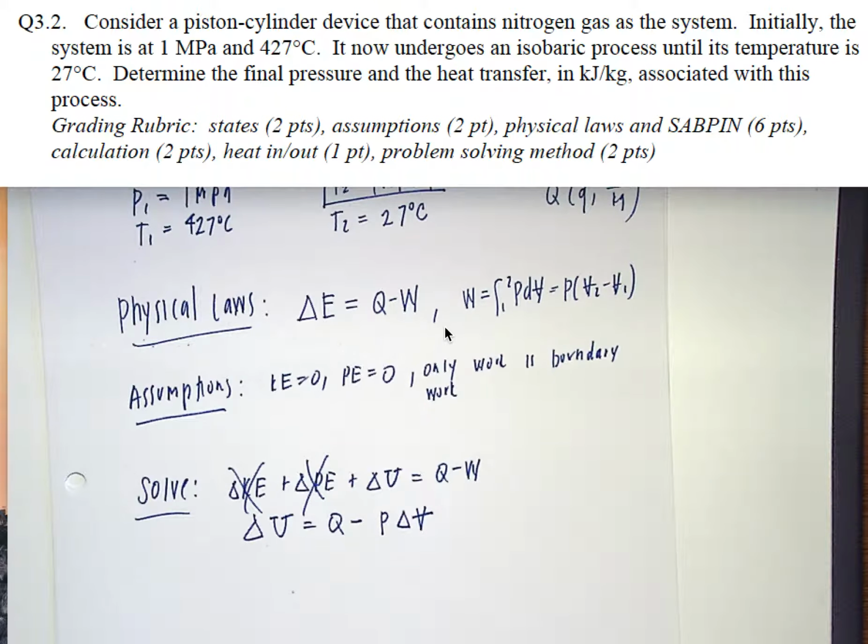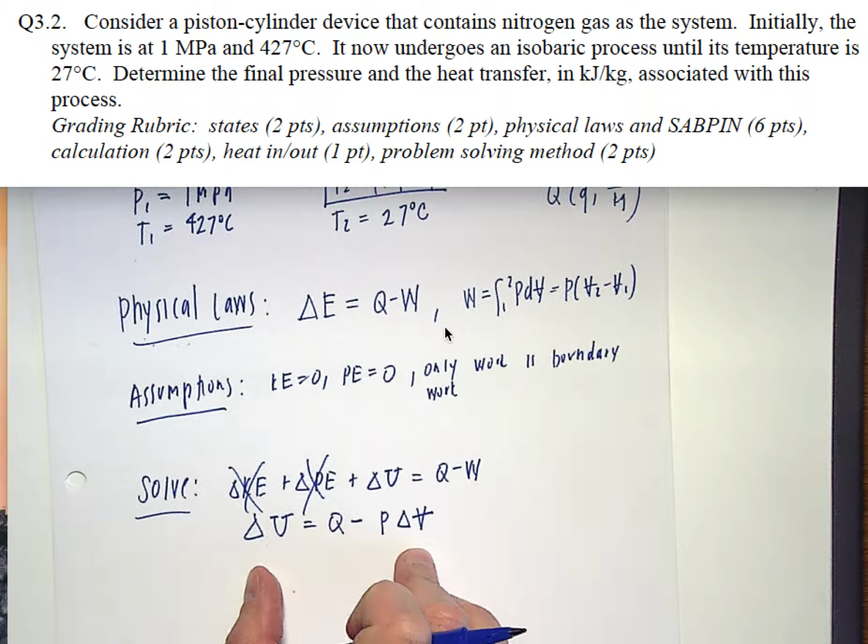And this is where there's actually quite a few ways to do this problem. If you want to use the tables, then you can combine internal energy and P delta V to get enthalpy, and that's a pretty good way to do it.